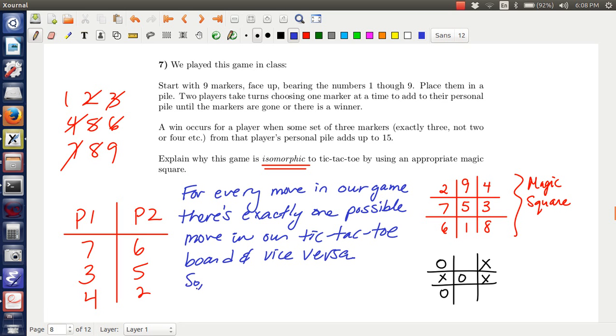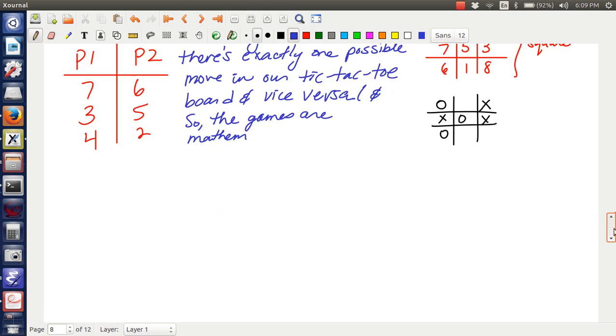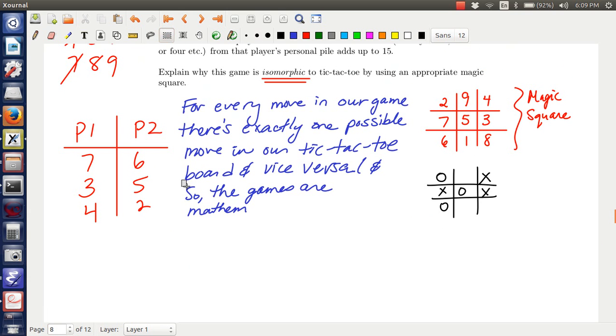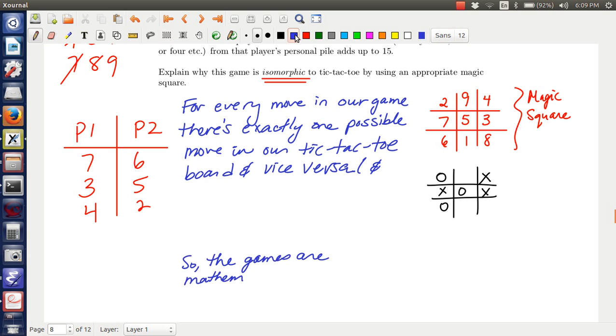So the games are mathematically identical. And of course, the winner doesn't change. It's not just that the moves are the same. Obviously, it has to yield the same winners. Okay, I said it differently in my other answer key, and I don't remember what I said.